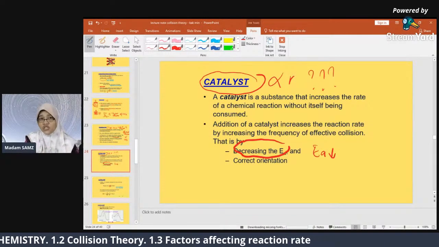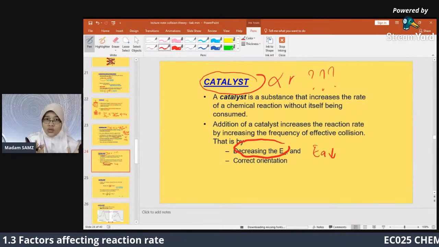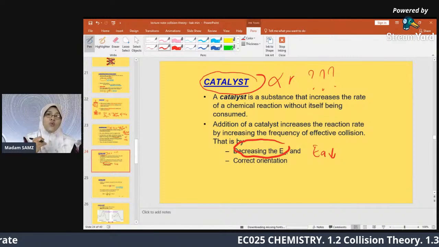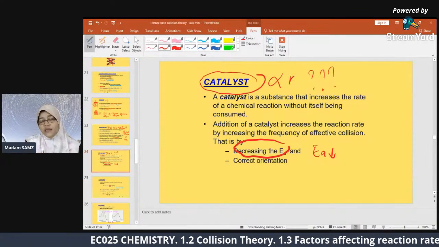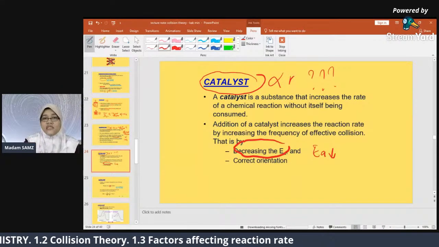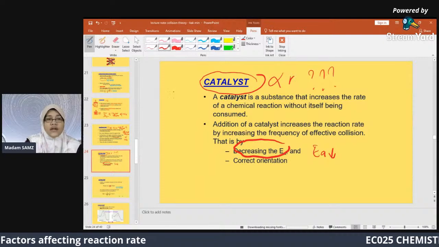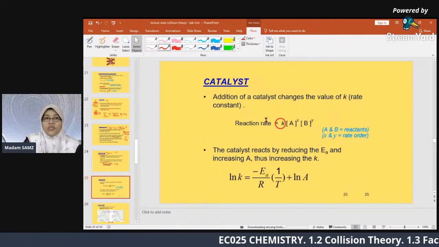Supposing the activation energy for that kind of reaction is 2 joules. When you use a catalyst, the activation energy lowers to 1 joule. So most of the reactants have enough energy, and have the probability to achieve the activation energy. And of course, the catalyst may also help with correct orientations. All right. Catalyst.